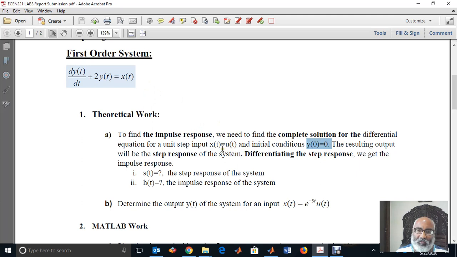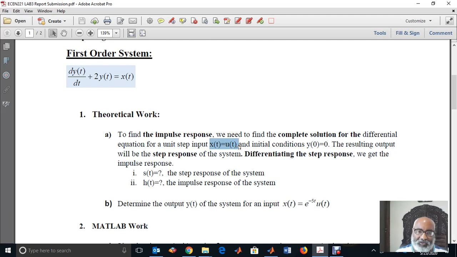Usually when we try to find the impulse response, we assume the initial condition is 0. So by giving the input x of t equal to u of t, and using the initial condition y at 0 equal to 0, you'll get the complete solution for y of t.